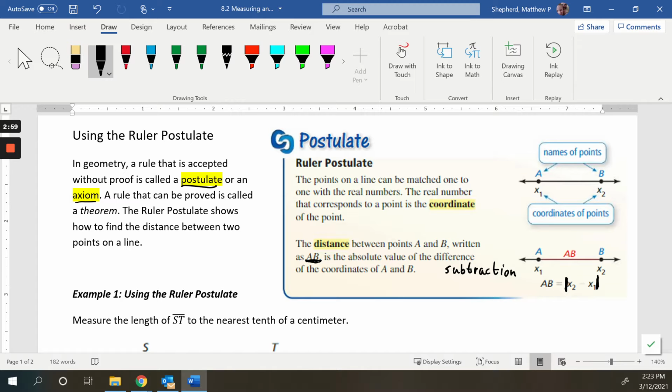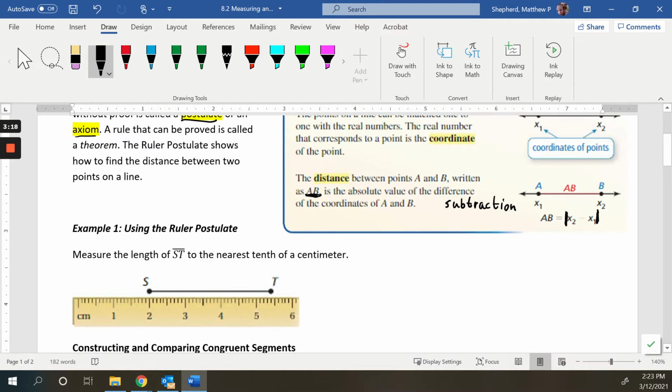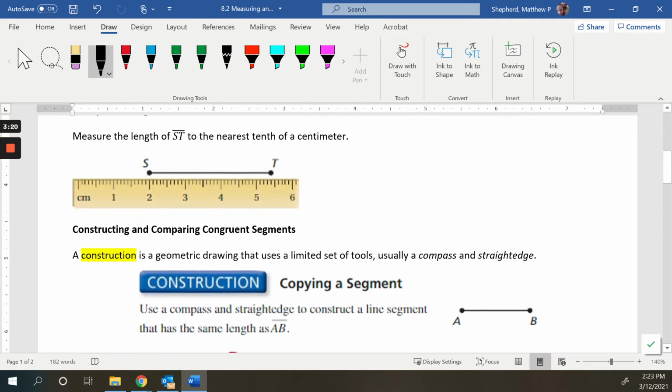If, for example, in the previous one I had done 5 minus 10, then I would have gotten -5. But that doesn't make any sense when we're talking about distances. I can't go outside and run -5 miles. So we put the absolute value there to acknowledge that all distances are going to be positive.